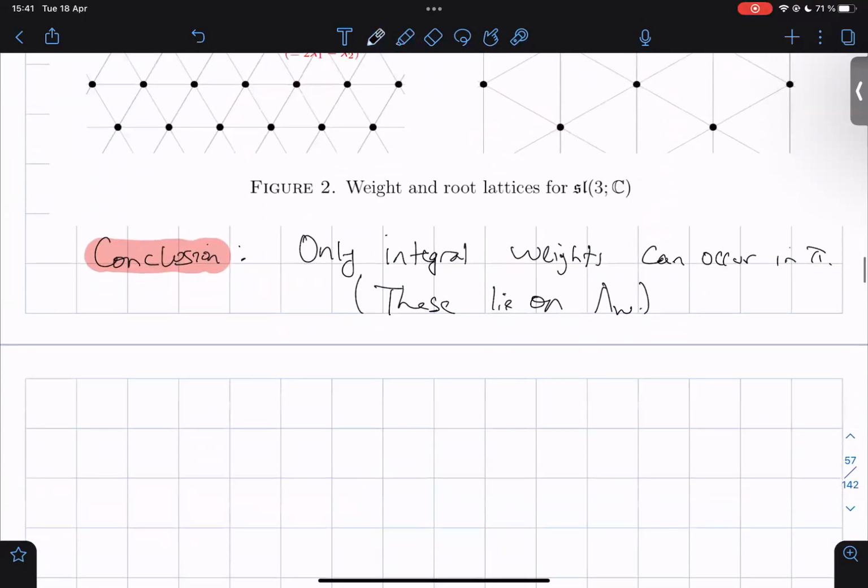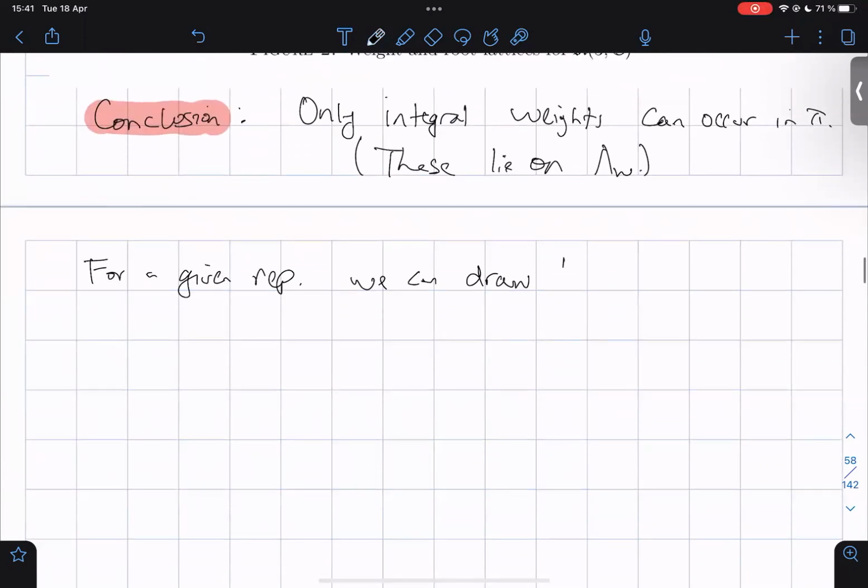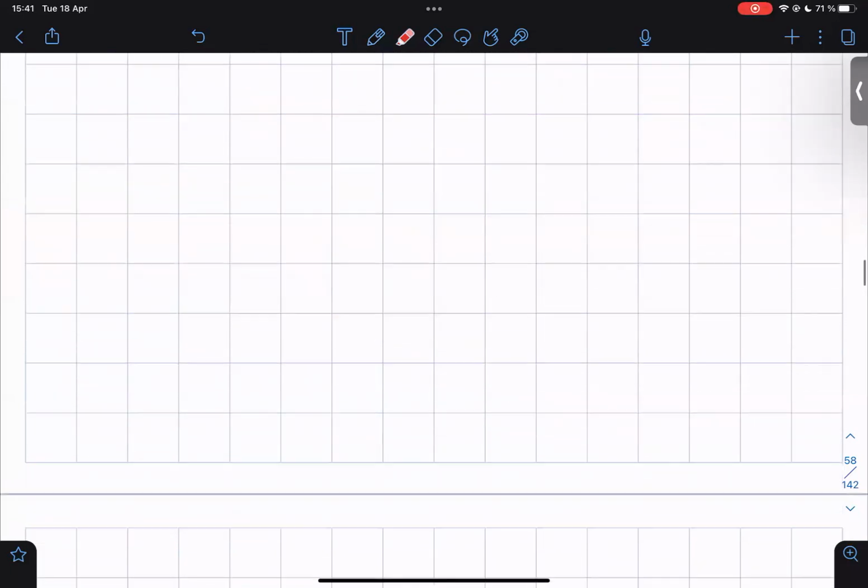For a given representation, we can draw its weight diagram. So let's see what these look like for standard, dual standard, and adjoint.